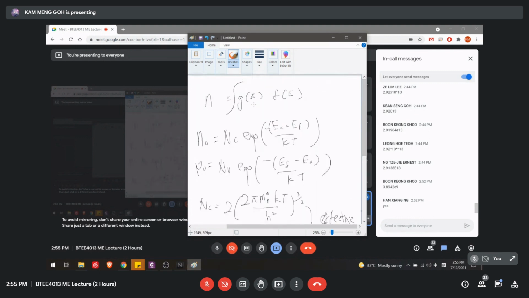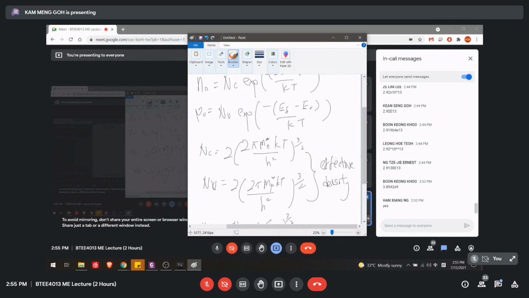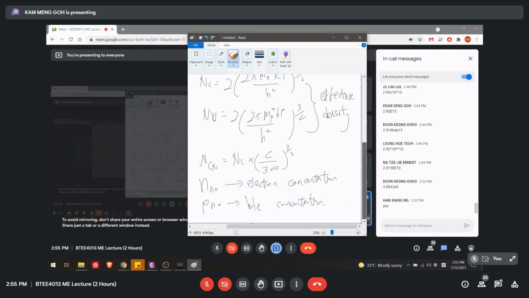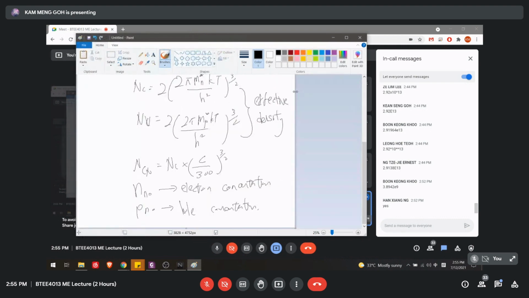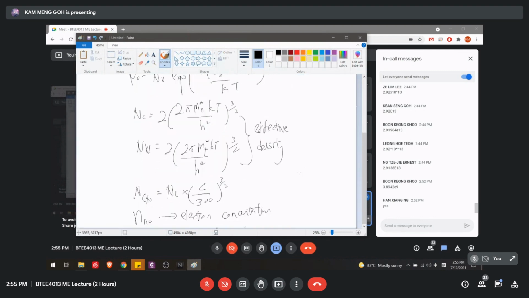Originally, it is just the density. The effective means how much density is really occupied by the electron. We call it the effective density. Then this one is the hole and electron concentration, where you can treat it as the number of electrons or number of holes in the conduction band or the valence band.